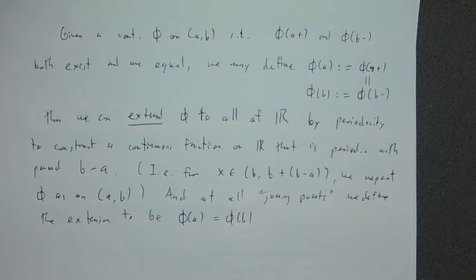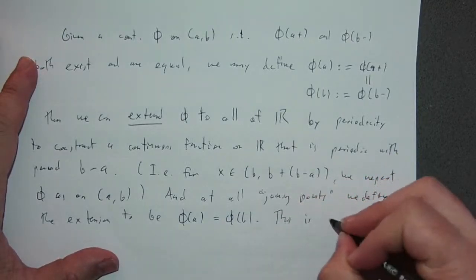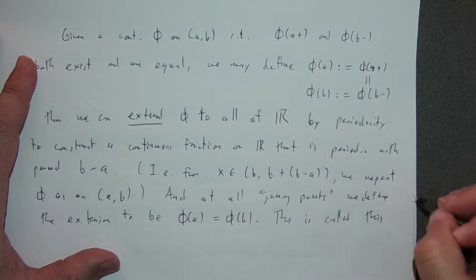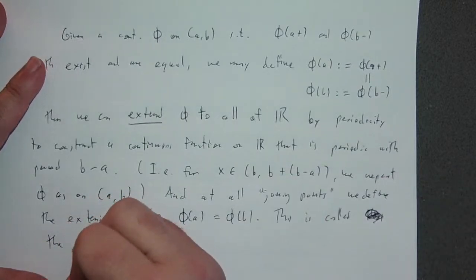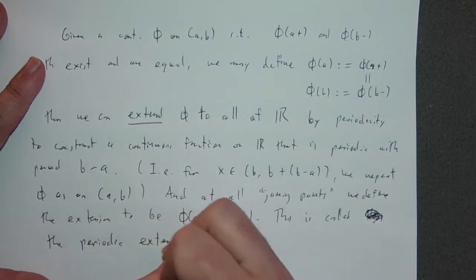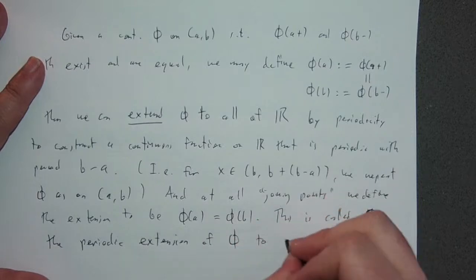This is called the periodic extension of phi to all of R.